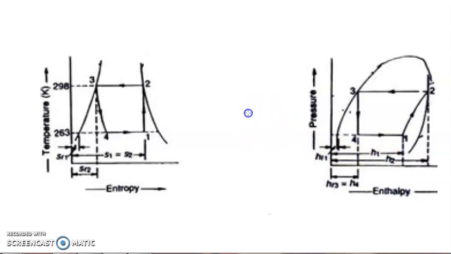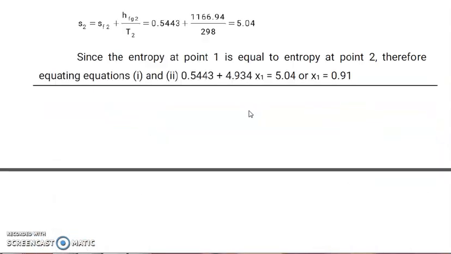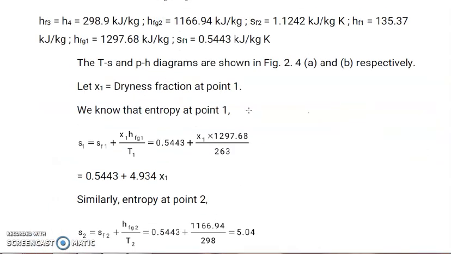So let's come to solve the problem. In this question, state 1 lies in the liquid plus vapor zone. Then you have to calculate the dryness fraction at state point 1, that is X1. Then S1 is equal to SF1 plus X1 HFG1 by T1.